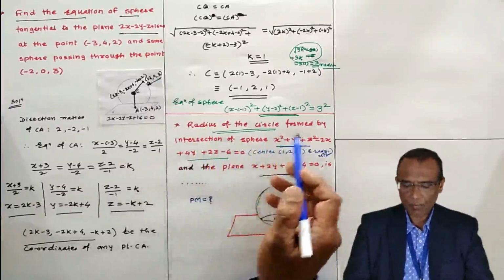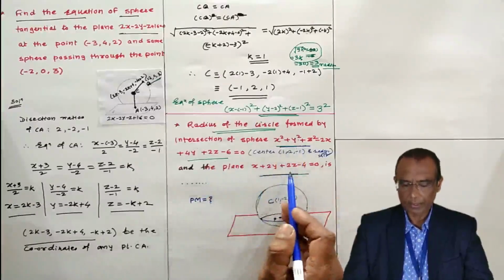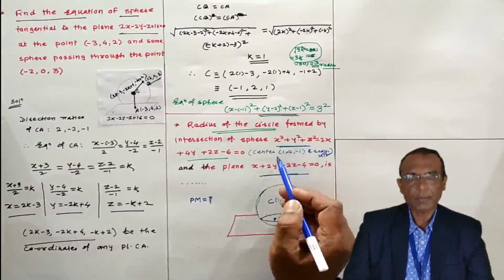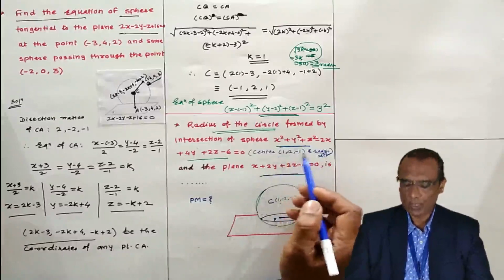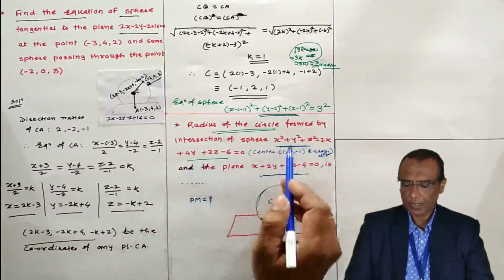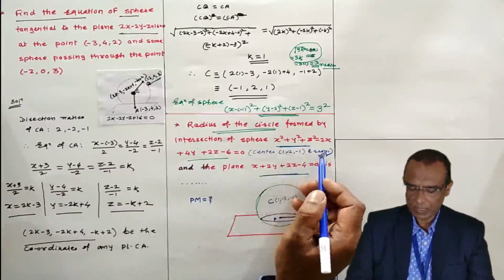The radius of the circle formed by the intersection of the sphere and the plane is asked. In an offline examination, if the center and radius of the sphere are not given, you can find them from the equation. But here, the center and radius are given to you.